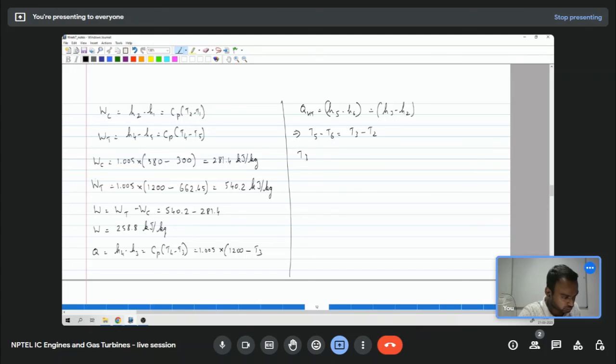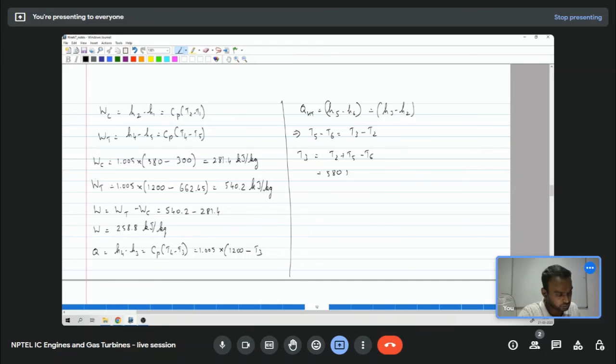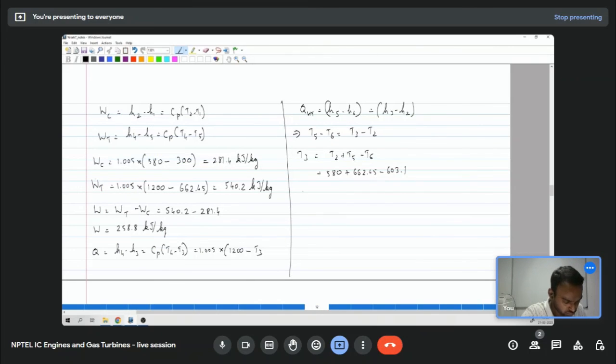So T3 is T2 plus (T5 minus T6), which is 580 plus (662.45 minus 603.1). So it is 639.35 Kelvin.